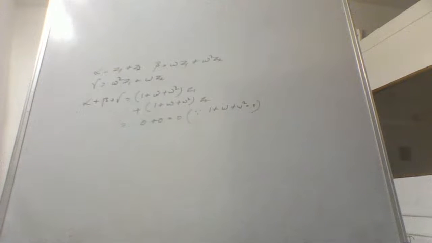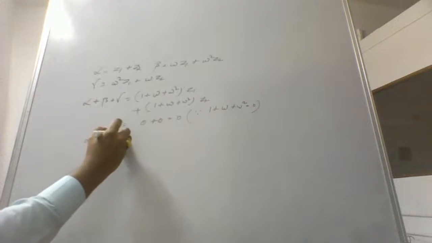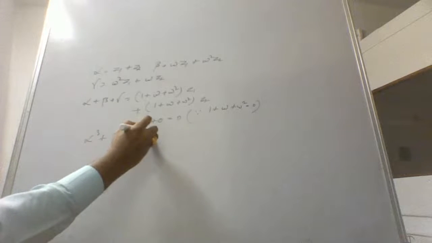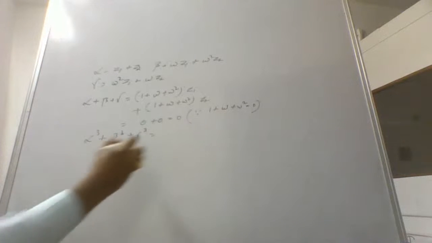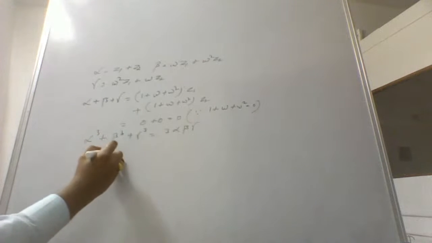Now again, alpha cube plus beta cube plus gamma cube is equal to 3 times alpha beta gamma. So we can write this here.